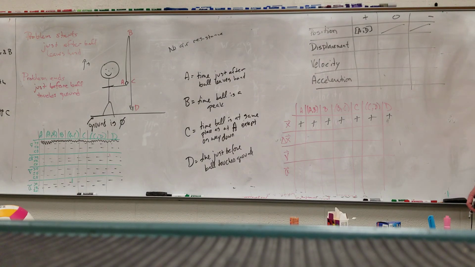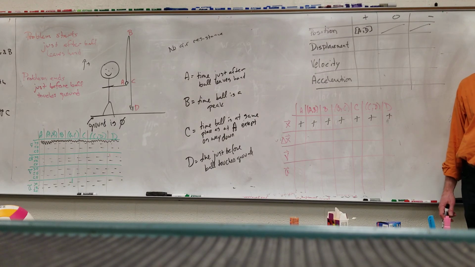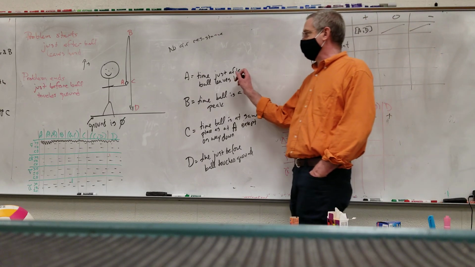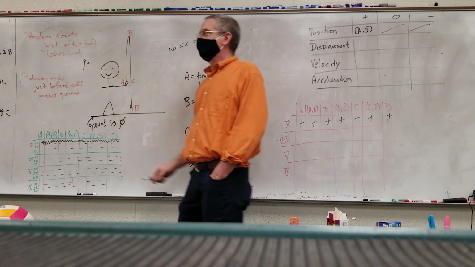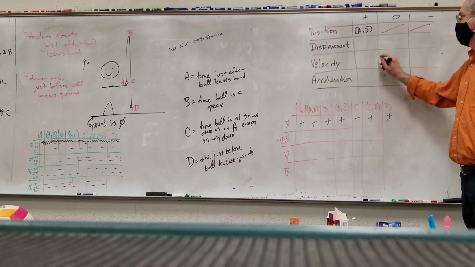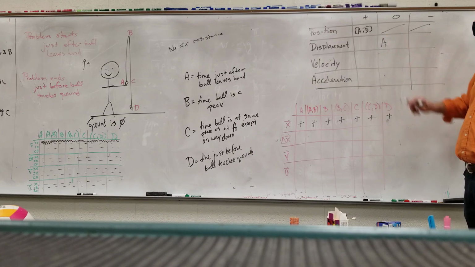Displacement, where is displacement 0? Yep. Because displacement cares about where an object is relative to where it started. Well, time A is just after the ball leaves the hand, and hey, that's where the problem starts. So displacement is 0 there.